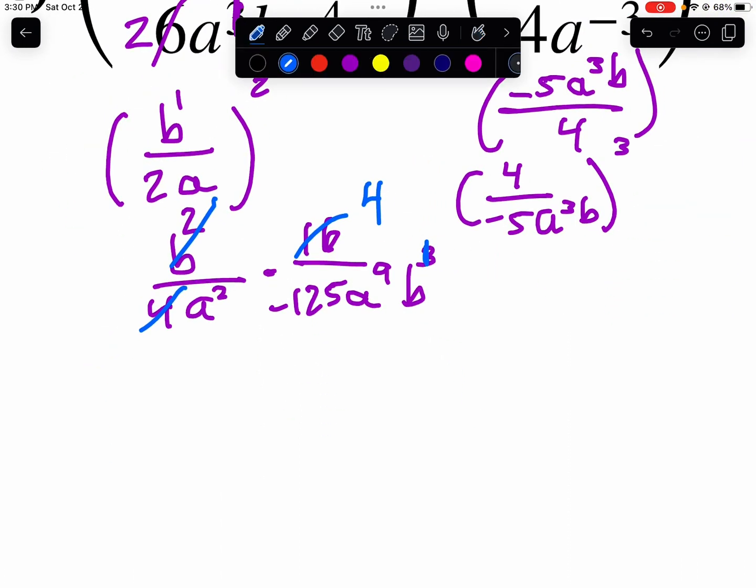So my answer, since I'm taking a positive times a negative, is going to be negative. And the only thing I have left in the numerator is 4. I'll put 125 in my denominator. Then we'll take a squared times a to the ninth. That'll give me a to the 11th.